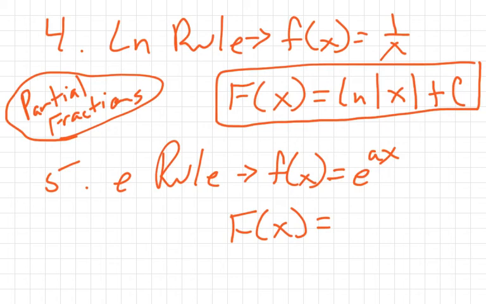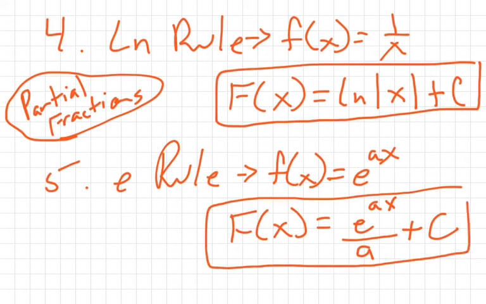The fifth rule we do is the Euler's number rule, or the exponential rule, and we know that the derivative of e to the x is just e to the x. So the only play on this one is that a that's involved, and we just say, well, the antiderivative of e to the x would be e to the x again, but with our a, and we just divide the whole thing by the a there, plus the constant.